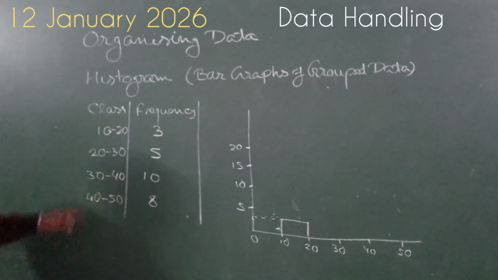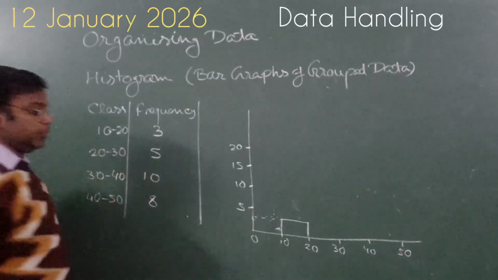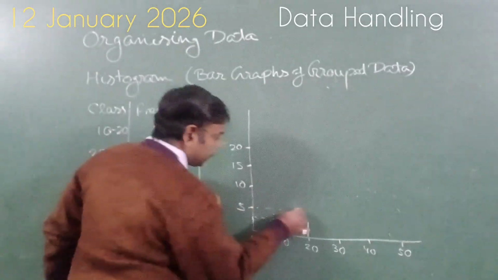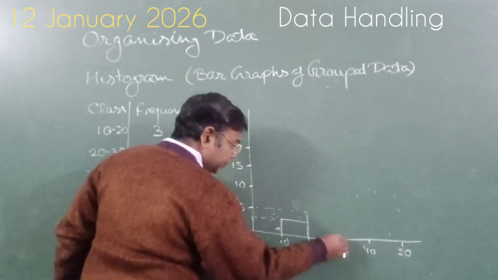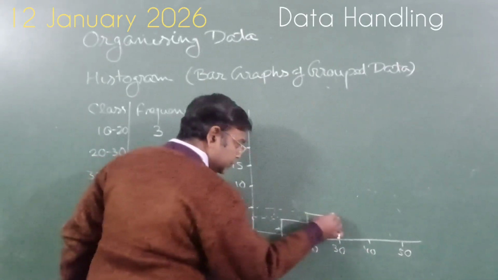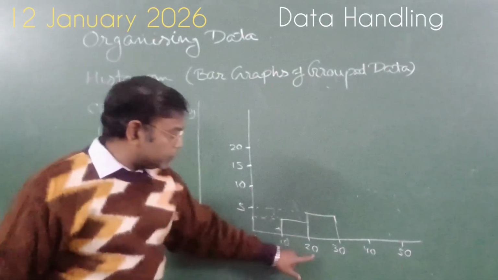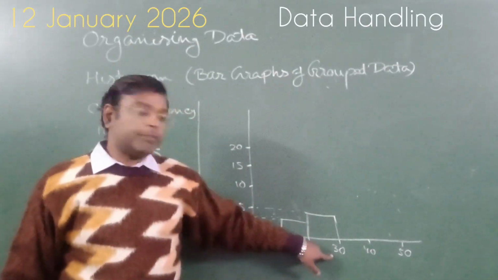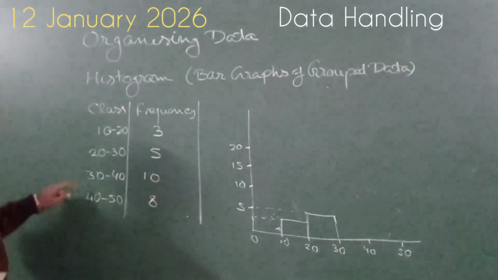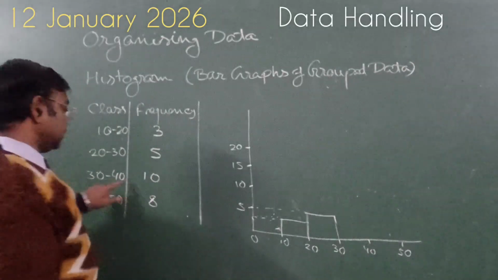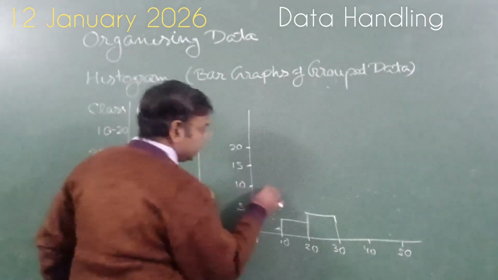Then for class 20 to 30 we have 5, so we raise the bar to 5, from 20 to 30. This is the lower limit and upper limit for this class, 20 and 30. Then 30 to 40 is 10, so we reach up to 10.